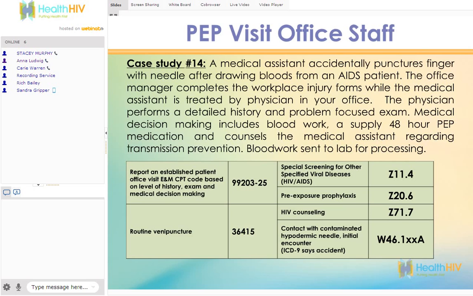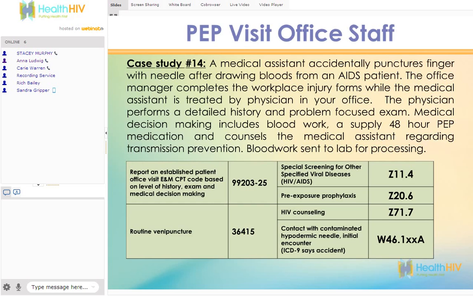Your counseling code, Z71.7. And because the patient, in this case the medical office assistant, was stuck with a contaminated needle, the fourth code is W46.1XXA because this is their initial visit.